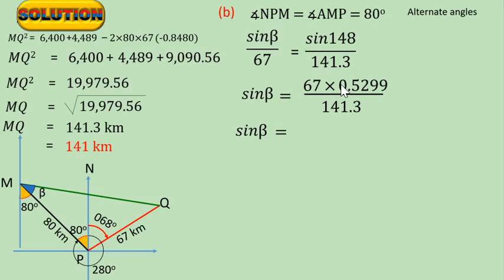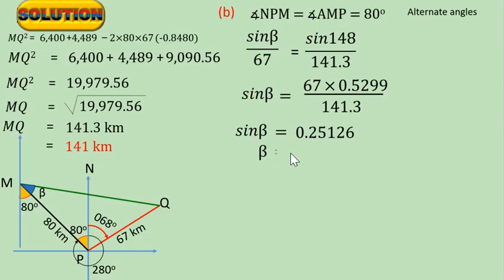If you have done that, what is the answer you have in your calculator there? It is 0.25126 or 0.2513 if you are going to make it only 4 digits. So that's what you are supposed to have. Then I will write that down. So that is the value of sine beta. So we are going to use that to find the angle beta.